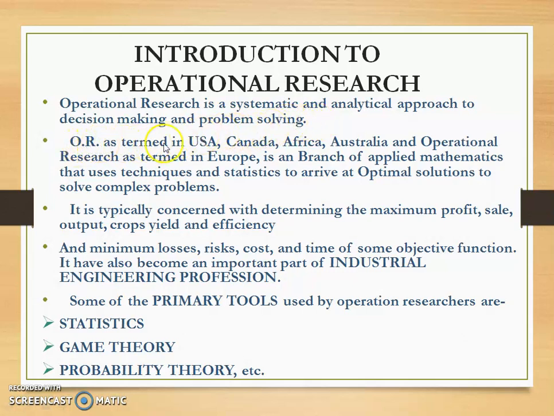The term OR, as it is termed in USA, Canada, Africa, Australia, and operational research as termed in Europe, is a branch of applied mathematics that uses techniques and statistics to arrive at optimal solutions to solve complex problems.